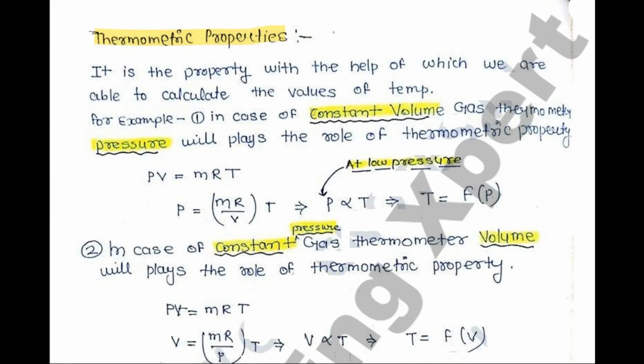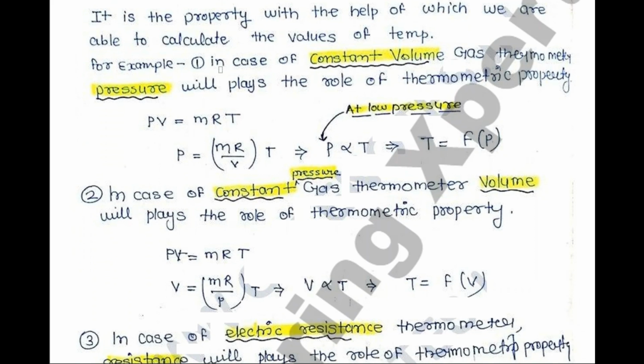Let's discuss thermodynamic properties. It is a property with the help of which we are able to calculate the value of temperature. There are different properties by which we can calculate the temperature of any system. A constant volume gas thermometer is a technique to measure temperature by using pressure as the thermometric property.